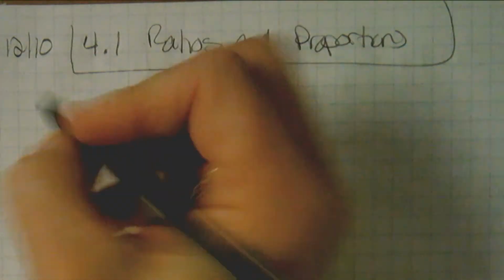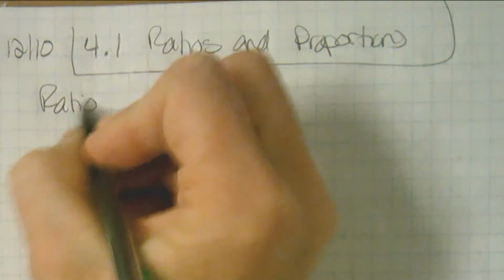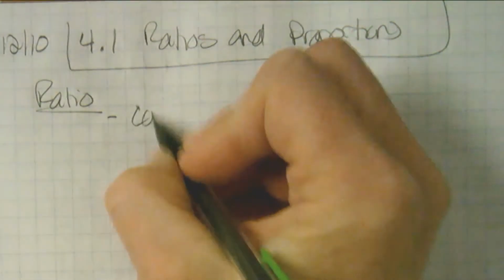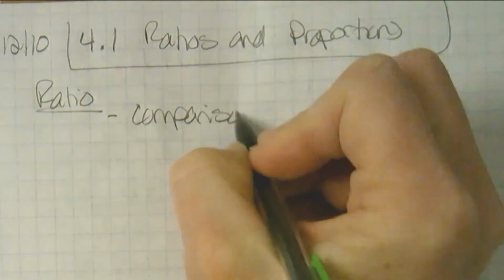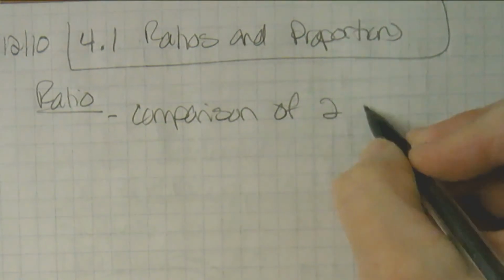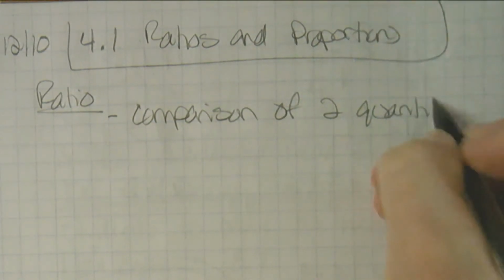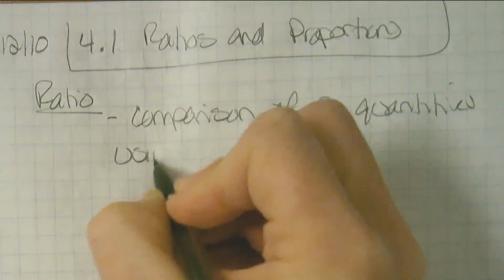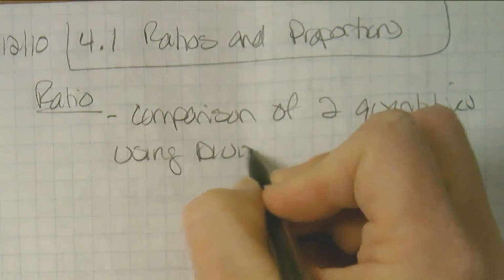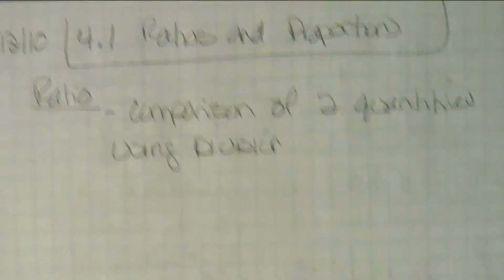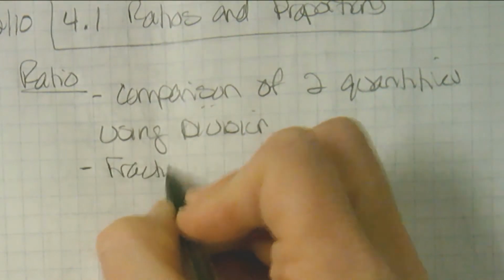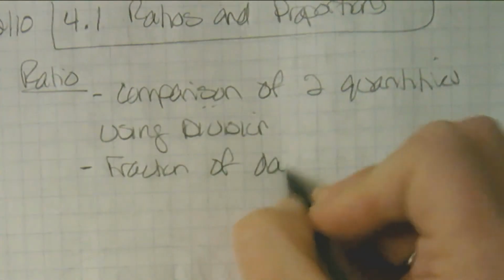Okay. When we talk about a ratio, it is the comparison of two quantities using division. So essentially, it's a fraction of data.